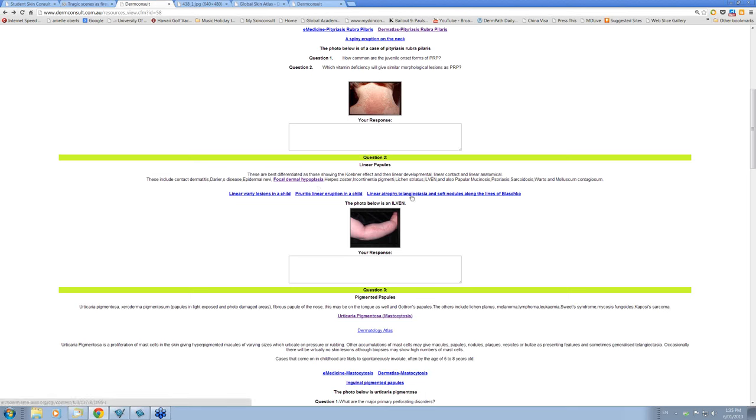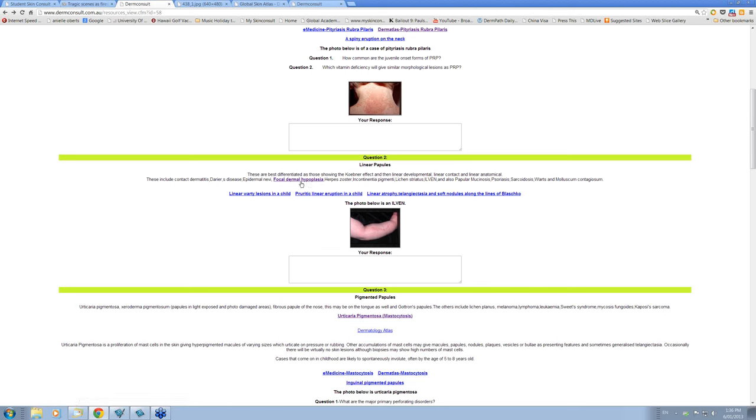You get linear atrophy, telangiectasia, and soft nodules along the lines of Blaschko, because they've got lack of the upper dermis, and so fat comes in underneath the dermoepidermal junction. But they've got these linear telangiectasia and linear atrophic-like lesions along the lines of Blaschko, and focal dermal hyperplasia is usually seen only in females because it's lethal in males.